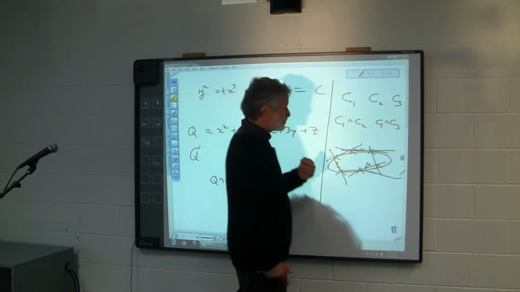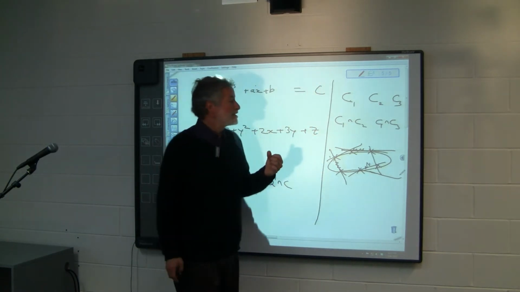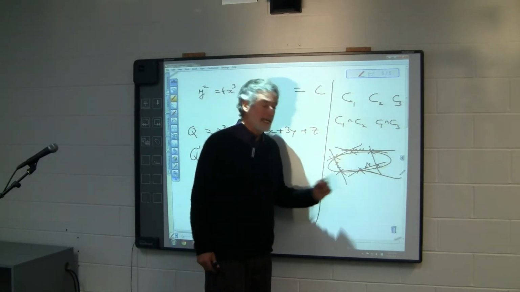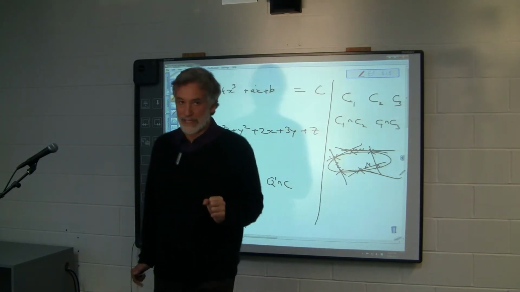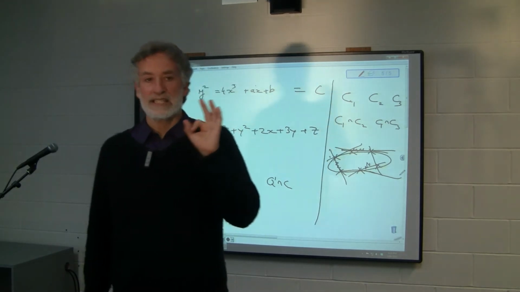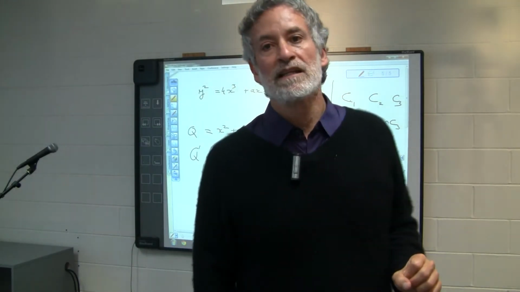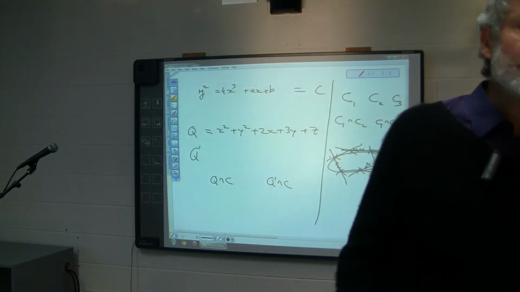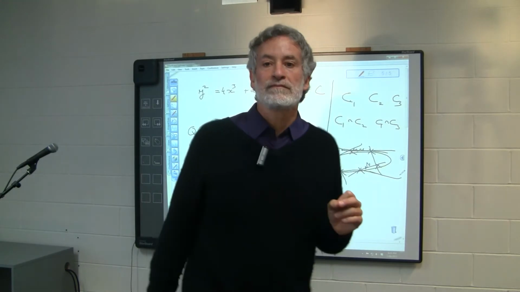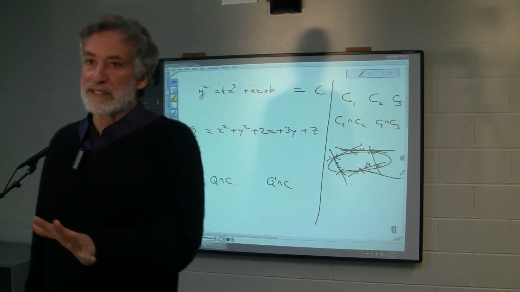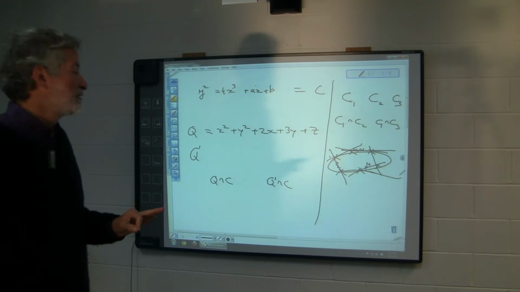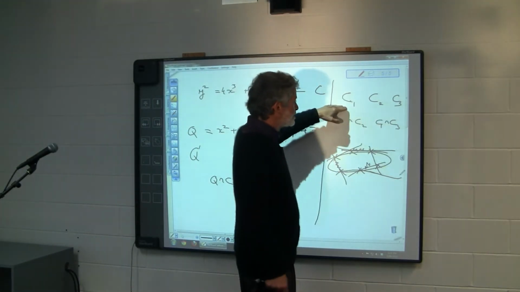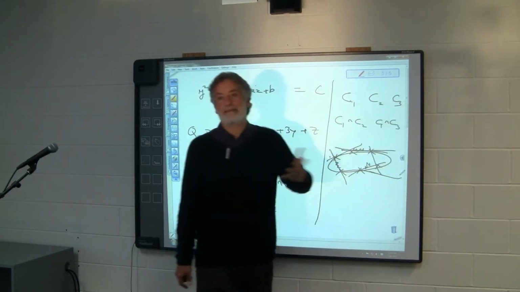So what do I have produced? Cubic 1 is the union of 3 lines, cubic 2 is the union of 3 lines, and cubic 3 is the quadric and the line. And the way I've arranged it is they meet at 8 points, at which the intersection of C1 with C2 and the intersection of C1 with C3 is the same.